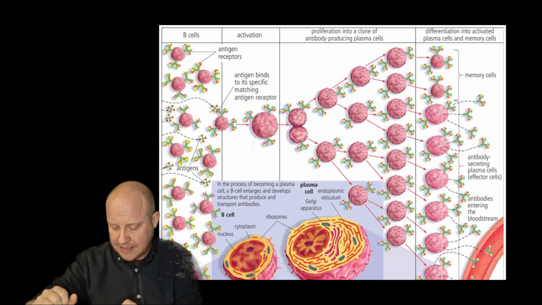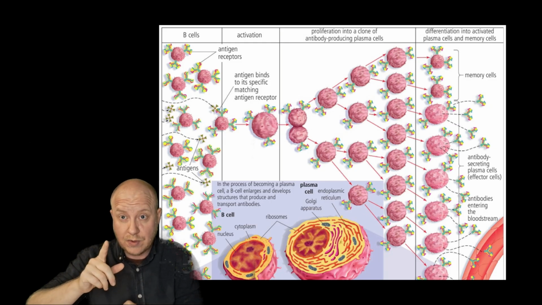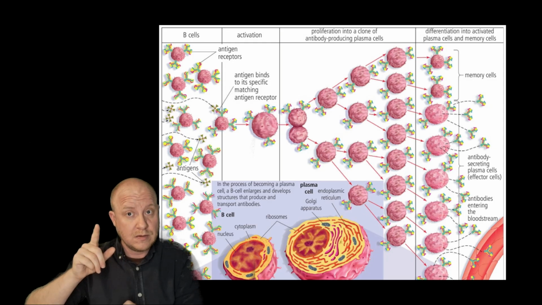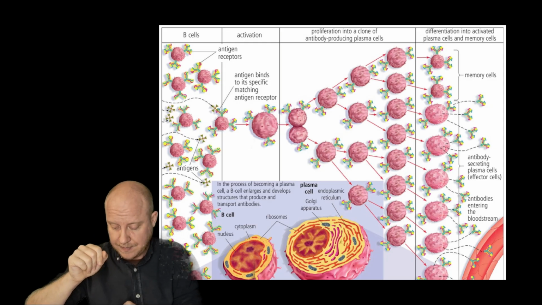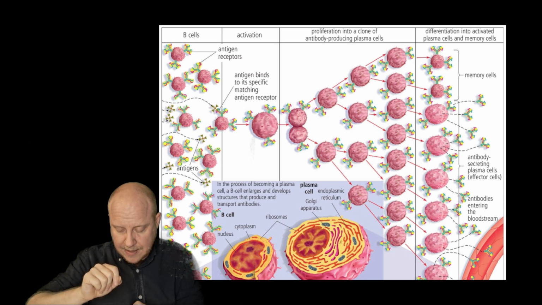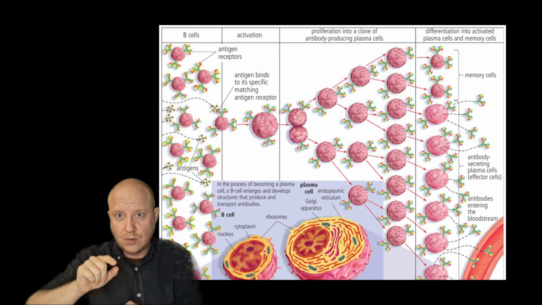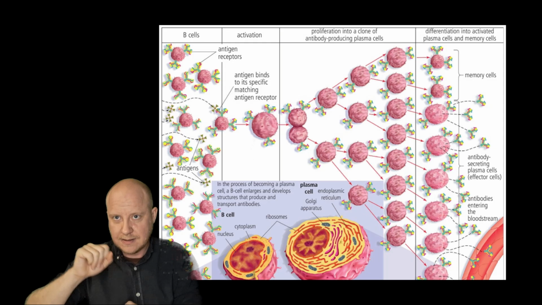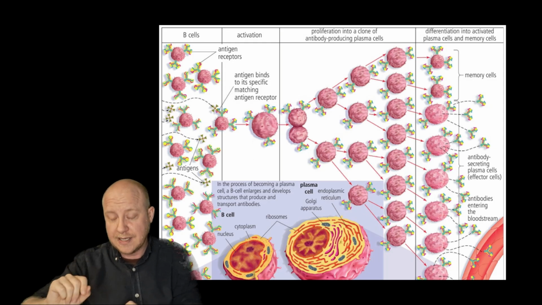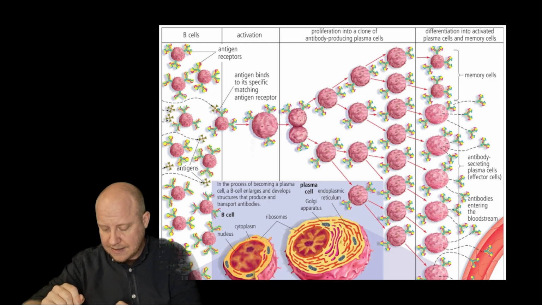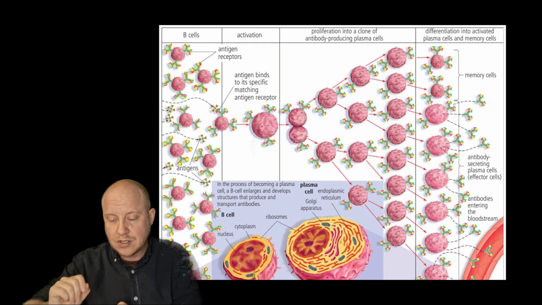Activated B lymphocytes become larger and develop many ribosomes. Remember what a ribosome is? If you don't remember, pause the video and go look it up. They develop many ribosomes, endoplasmic reticulum, and Golgi bodies. Ooh, all three organelles. If you don't remember, go review your organelles. All used for antibody production and secretion.